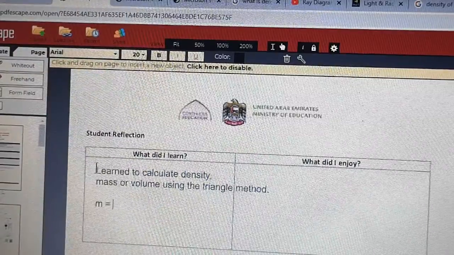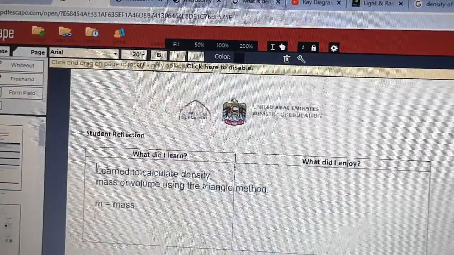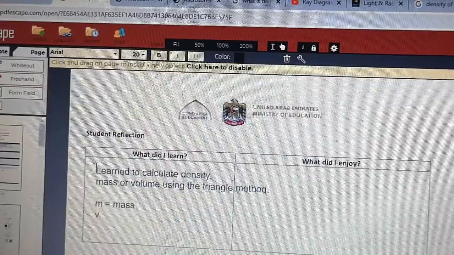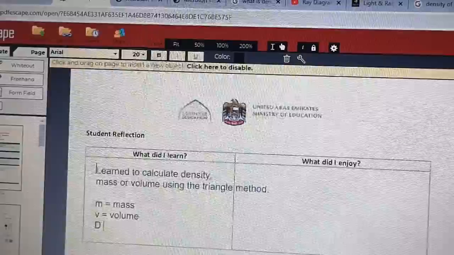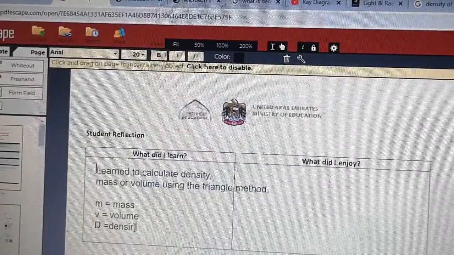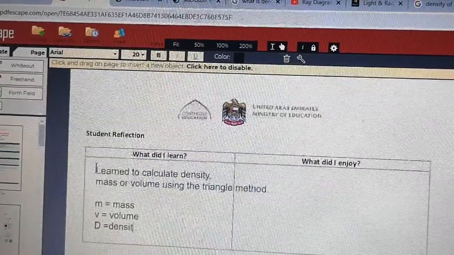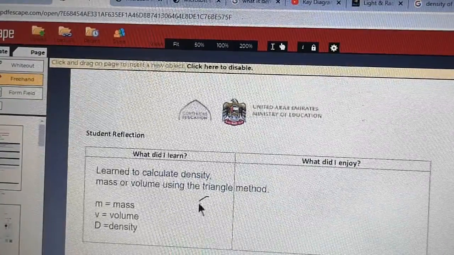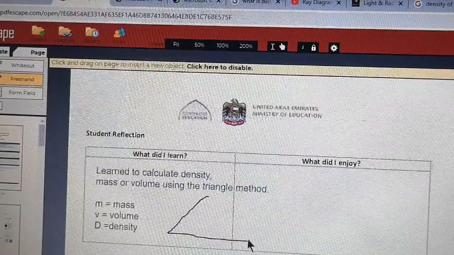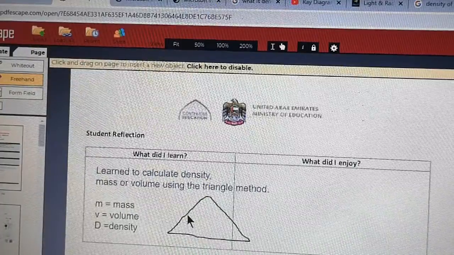You learned that M stands for mass, V stands for volume, and D stands for density. Just finish by drawing that triangle to put it in our heads. Here's my triangle.